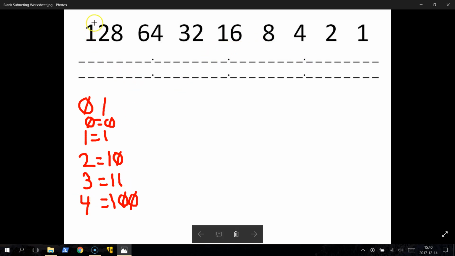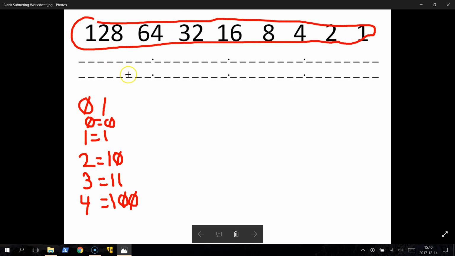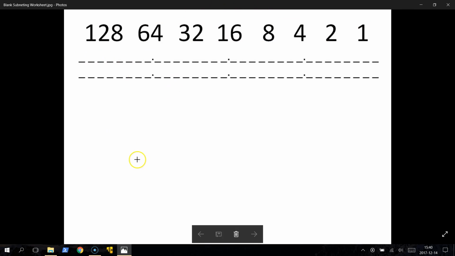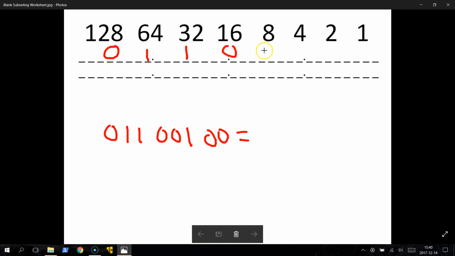So we can use this up here, as I like to call it, a Rosetta Stone, to translate binary numbers over to decimal. Let me clear these notes and we'll get started. If I do real quick 0, 1, 1, 0, 0, 1, 0, 0, what's that equal?